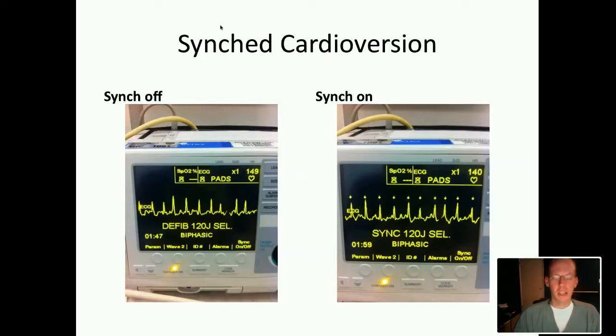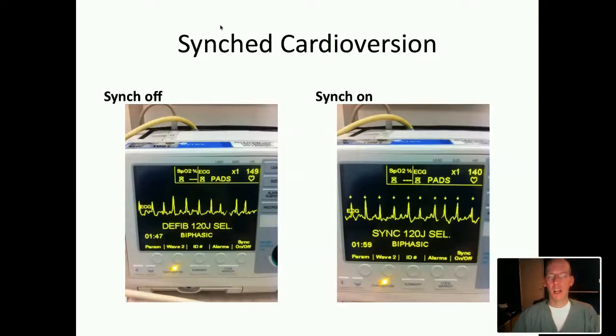cardioversions. That, once again, brings up another good point: after you've done your first shock, all defibrillators switch out of synced mode. So you need to resync it before you attempt a second cardioversion. The reason for that is it's considered a safety feature, so that if the patient gets shocked into a lethal rhythm, into ventricular fibrillation, then you can immediately defibrillate them.